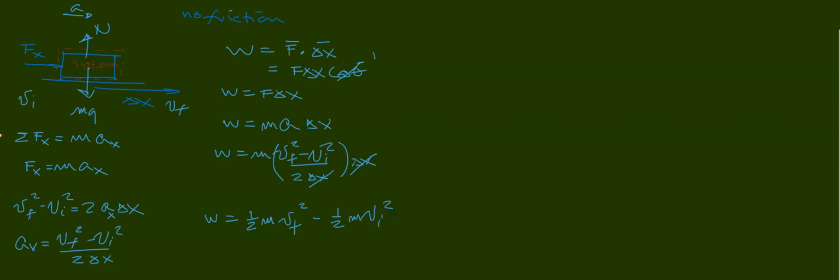So we get this little equation that tells us that if there is work, which I'm going to signal as external because the force was external to the system, then this quantity changes. We know there is acceleration, so the velocity is going to change.